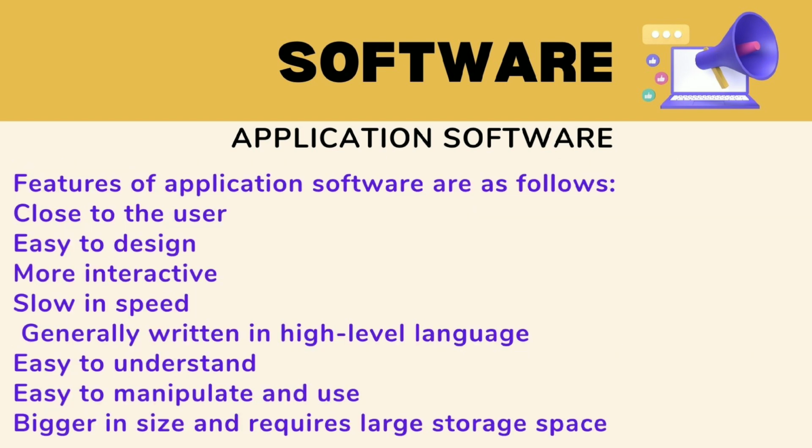Features of application software are as follows: close to the user, easy to design, more interactive, slow in speed, generally written in high-level language, easy to understand, easy to manipulate and use, bigger in size and requires large storage space.